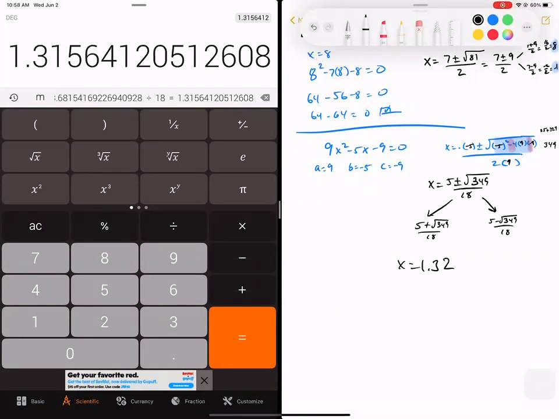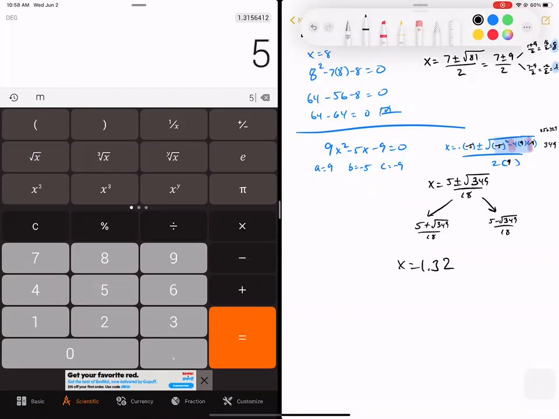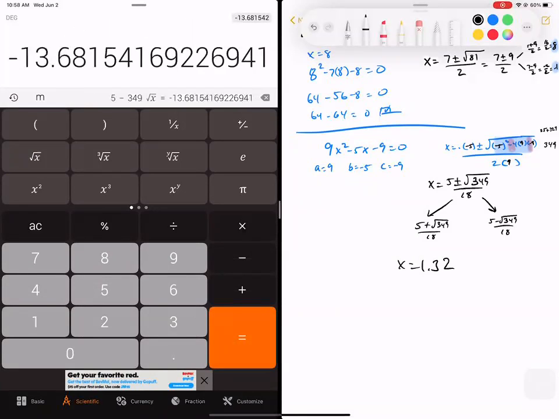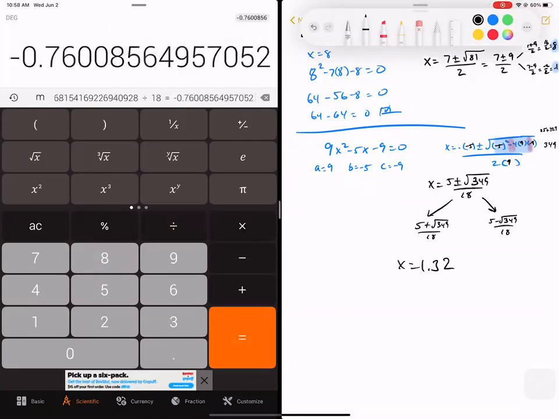My next answer: 5 minus the square root of 349, equals, do the top first, then divide that by 18, gives us negative 0.76. And that's the answer that you're going to type into the homework system when you do the homework problems.